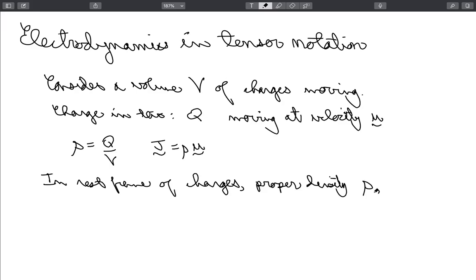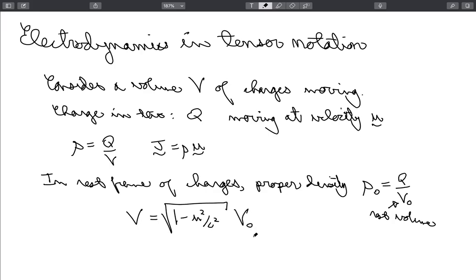So the proper density would be Q over V0, where V0 is the rest volume. This would be related to the volume measured in the lab by the relation V equals square root of 1 minus u squared over c squared times V0, right? The lab would see a shrunk volume as compared to the rest volume of the charges.